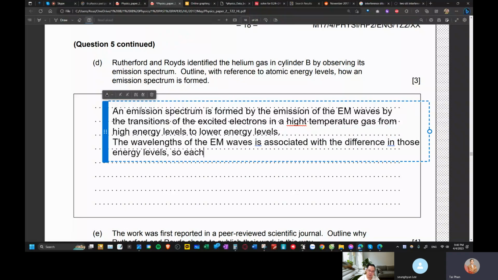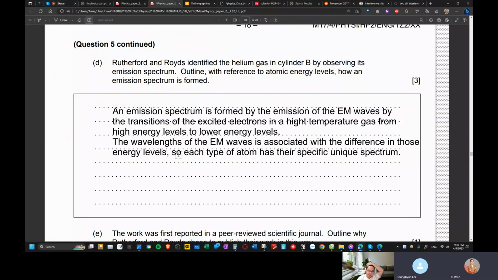So each type of element, each atom, has its own specific, unique spectrum.